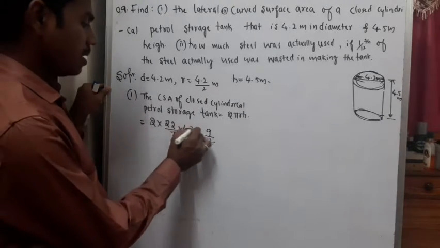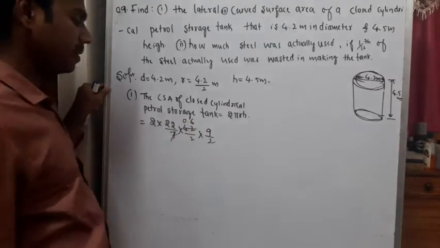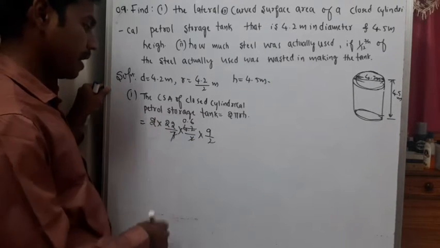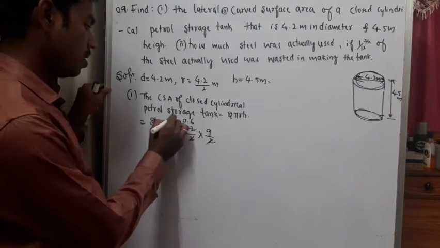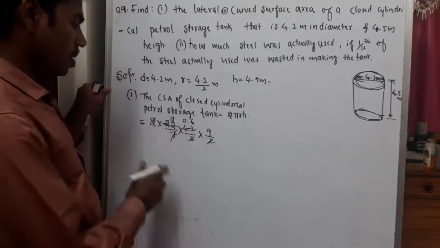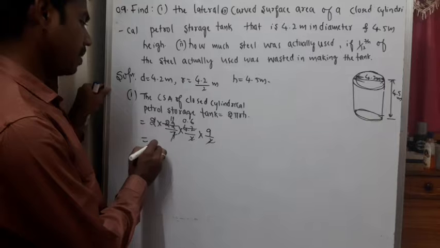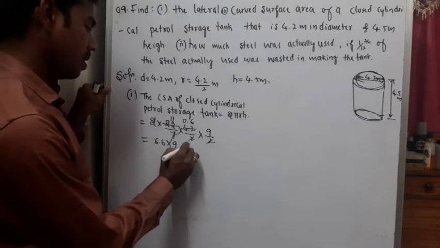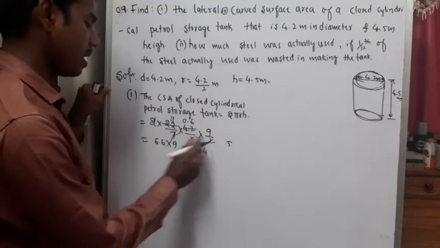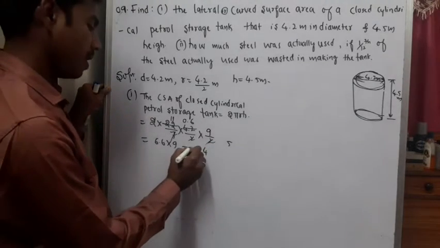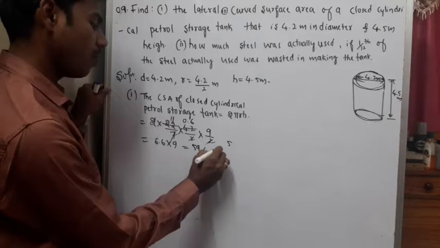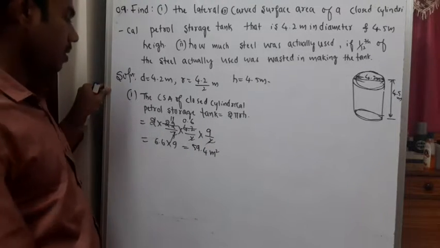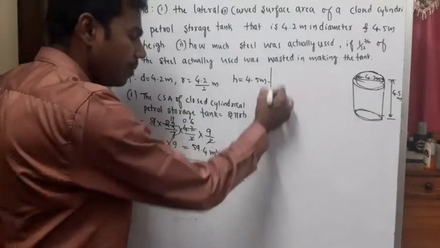So 7 ones are 7, and these two will get cancelled. 2 ones are 2, 11s are 11. 11 into 0.6 is 6.6, multiplied by 9: 9 6s are 54, 5 carry; 9 6s are 54 plus 5, 59. So that is 59.4 meter square. This is the first part of the problem.